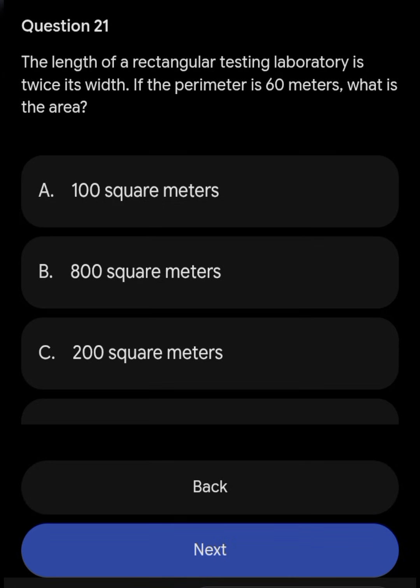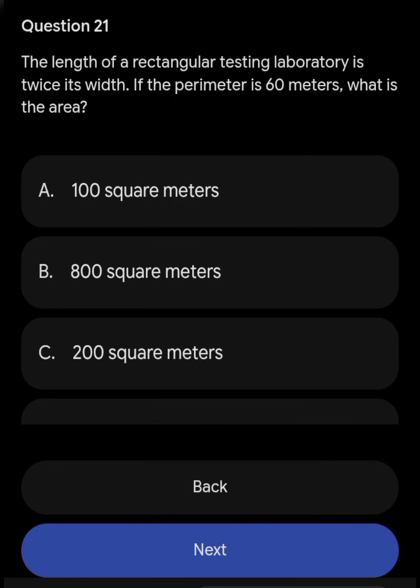The length of the rectangular testing laboratory is twice the breadth. The perimeter is 60. What is the area? First, we need to know the perimeter of a rectangle: 2 times (L plus B).